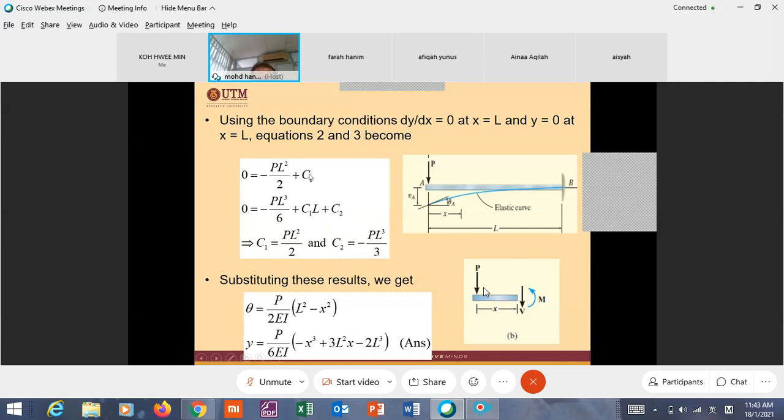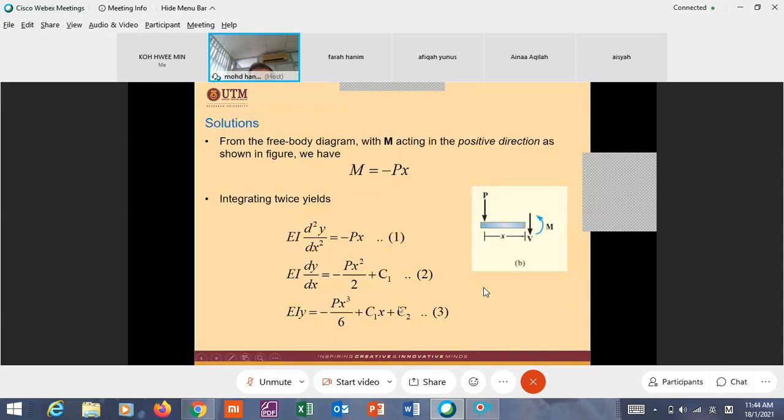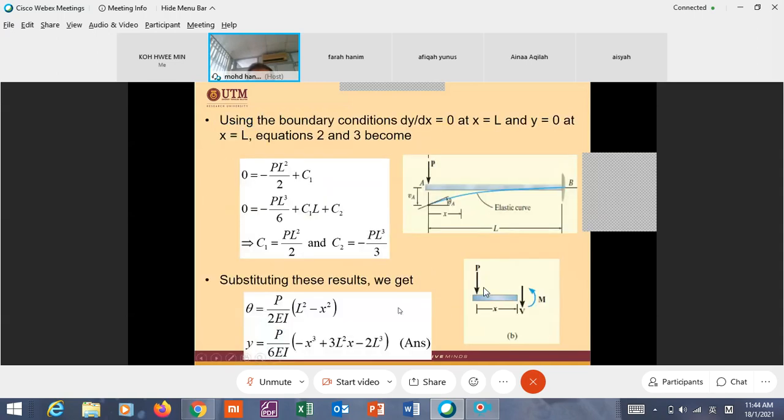What is C1? C1 is equal to P L squared over 2. Substitute into the equation. C2 is equal to P L to the power of 3 divided by 3. Substitute into equation 3. Then this is the answer.